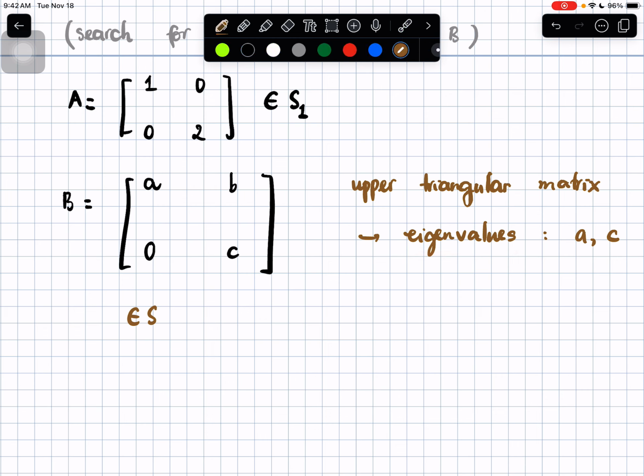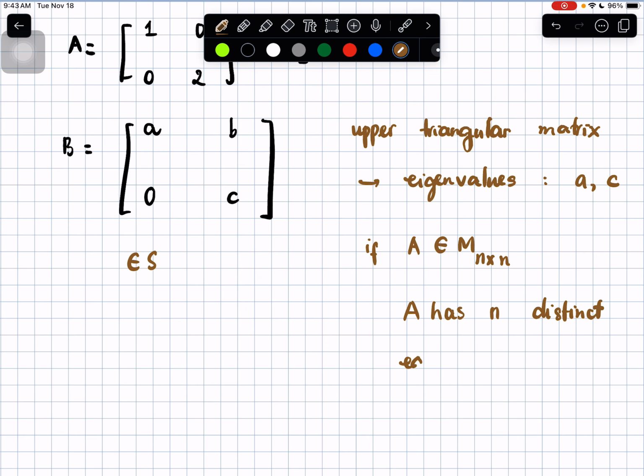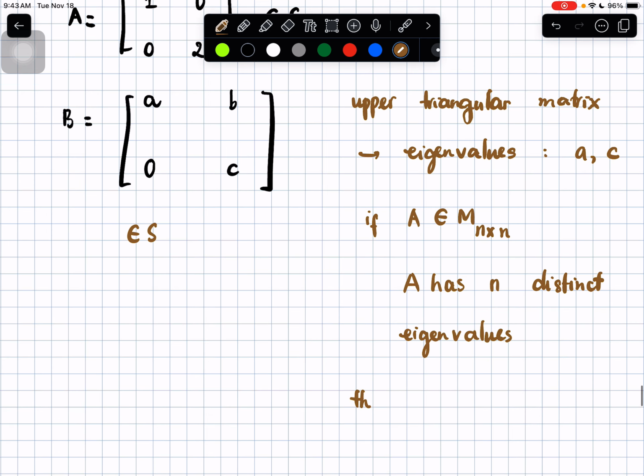And we recall that if the matrix A, say an n by n matrix, has n distinct eigenvalues, then A is diagonalizable.